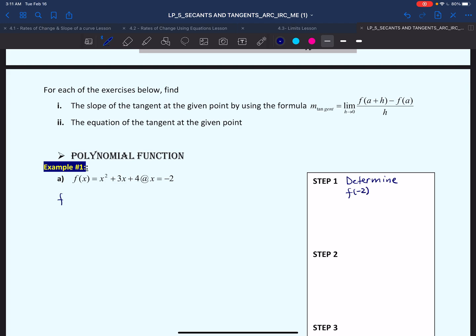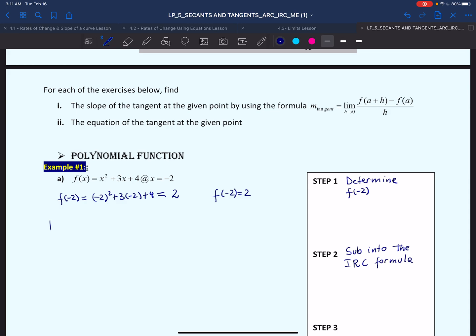So in our case, we have negative 2 squared plus 3 times negative 2 plus 4. That's 4 plus 4, 8 minus 6, that's 2. So f of negative 2 equals 2. And then we sub everything into the formula, or I should say the IRC formula, instantaneous rate of change formula.